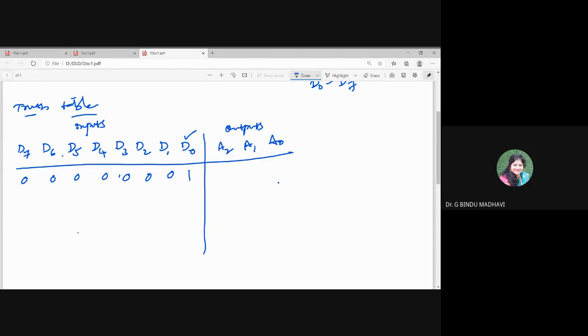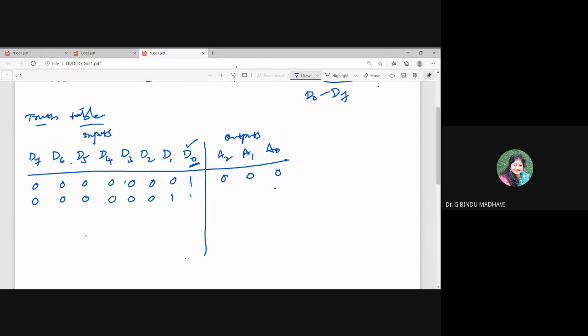Actually in the decoder, we considered these three as inputs and D0 to D7 as outputs. Here it is in reverse. D0 is active means all the binary variables are zeros. Okay.